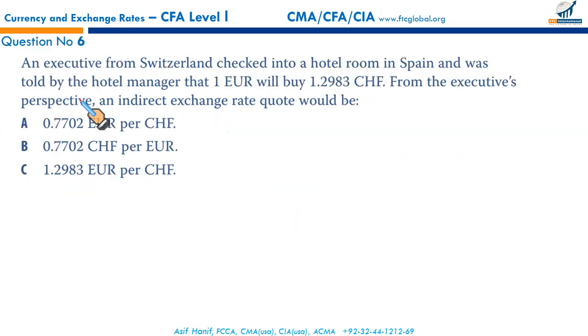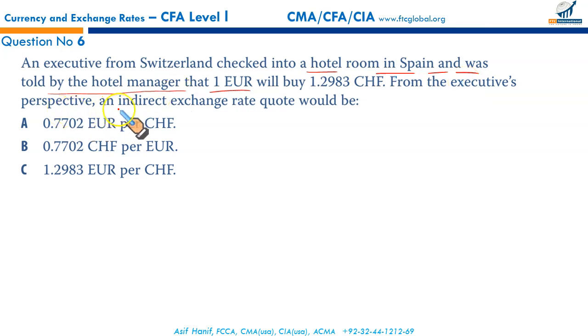Next. All right. An executive from Switzerland checked into a hotel room in Spain and was told by the hotel manager that €1 will buy him 1.2983 CHF, that is Swiss francs, right?